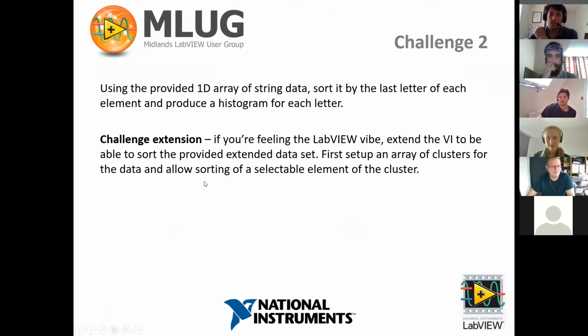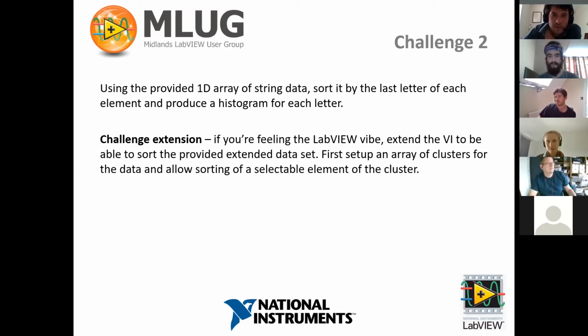Okay, so the second challenge was basically related to sorting string data within a 1D array. But the slight twist was that we wanted to be able to sort by the last character in the string of each element, and then chuck it into a histogram basically. And then an extension of this, which I think confused a few people, I maybe need to have made it clearer, was to be able to sort the data.